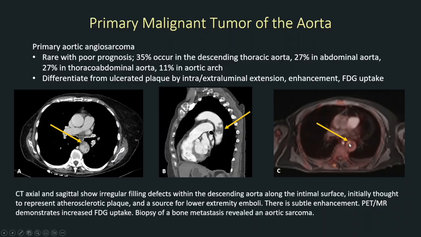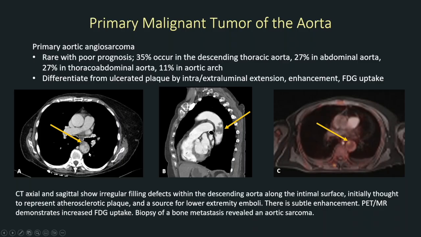Again, this is something that could not be seen in a patient who has free floating thrombus, or just a plaque thrombus complex. So PET can sometimes be used as a tiebreaker. PET can also identify additional lesions. In this case, there were two additional lesions in the vertebral body which were easier to biopsy, and it turned out to be a primary malignant tumor, an angiosarcoma of the aorta.